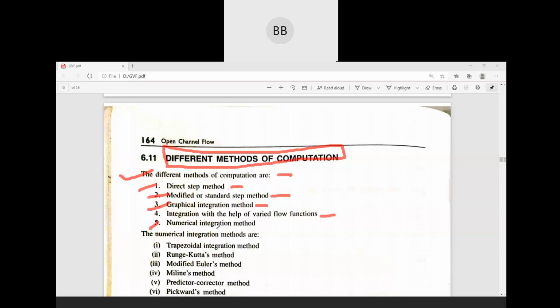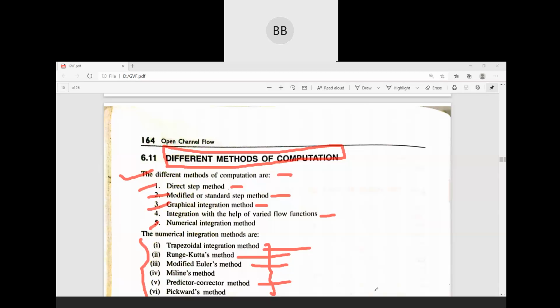And for the numerical integration method, we have a number of options, which one you want to use. I think some of them are very familiar to you. You have already studied them in mathematics, like trapezoidal integration method, Runge-Kutta, modified Euler's, predictor and corrector.